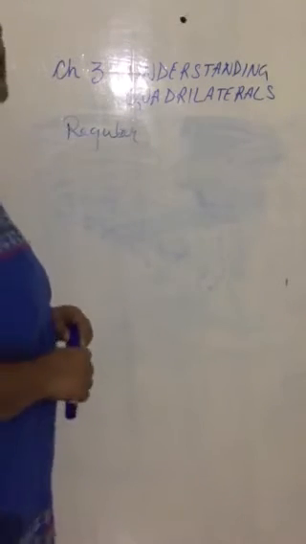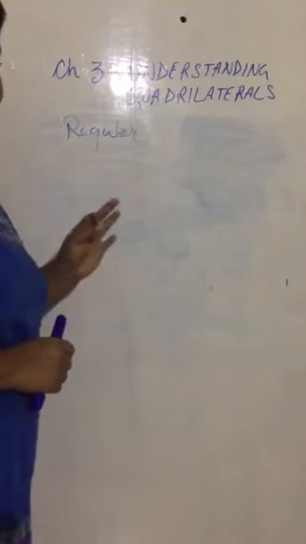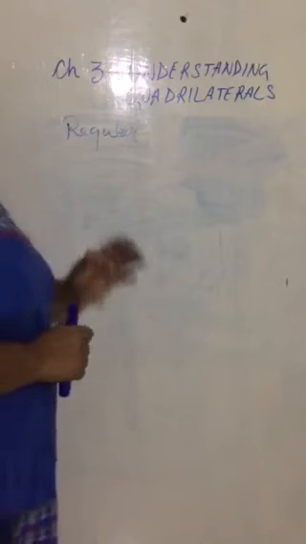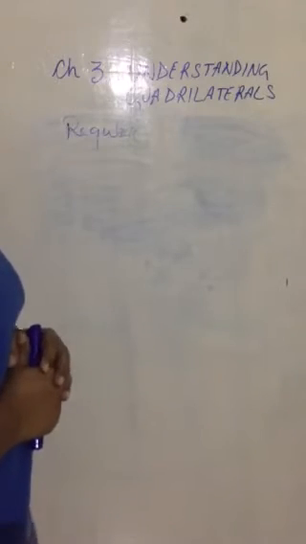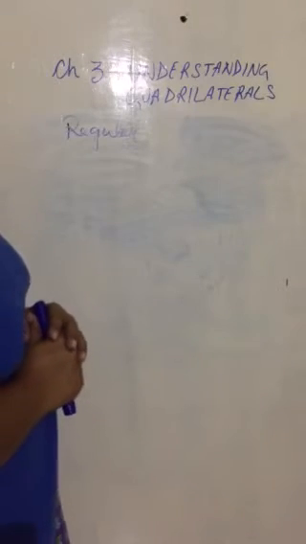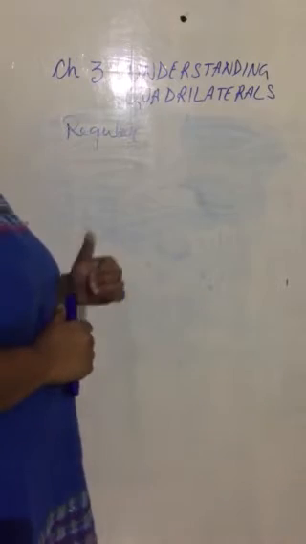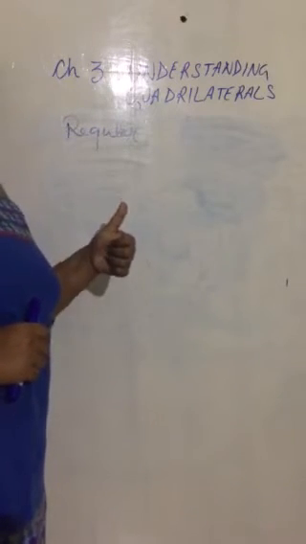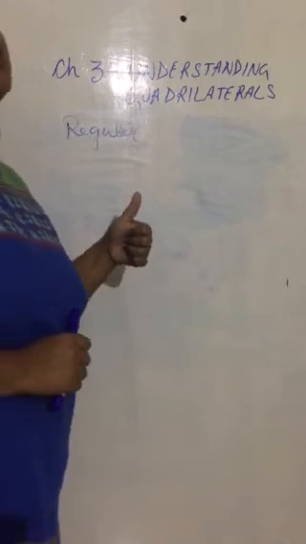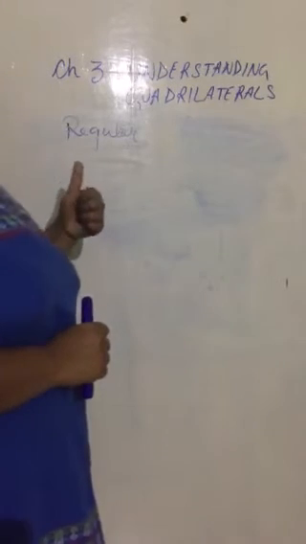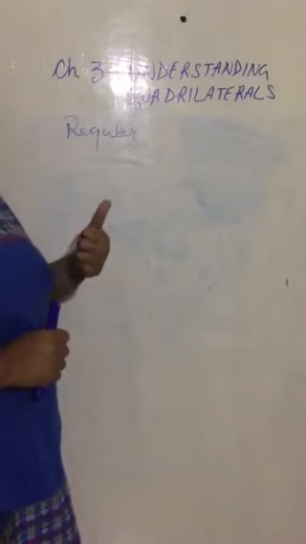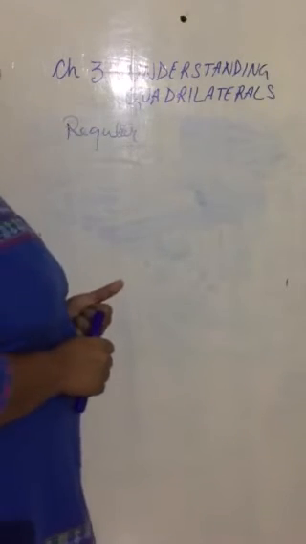A polygon whose all sides and all angles are equal is called a regular polygon. So can you give an example of a regular polygon? Equilateral triangle is a regular polygon because its all 3 sides are equal and all the 3 angles are equal.